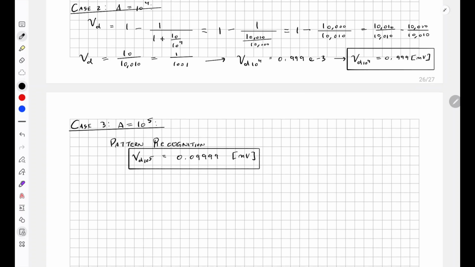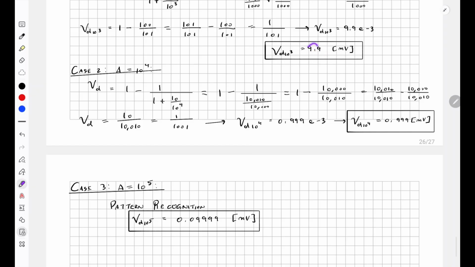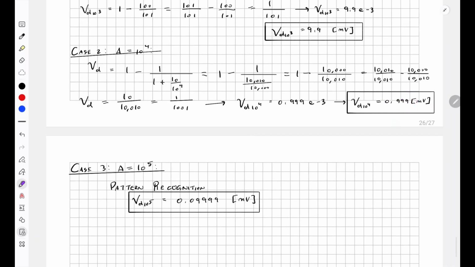The pattern I'm describing is: here is 9.9 millivolts, divide by 10, add one digit of 9, becomes 0.999 millivolts, and then divide by 10, add one more digit of 9 is 0.09999. Okay, so this is the final answer for these 3 cases.